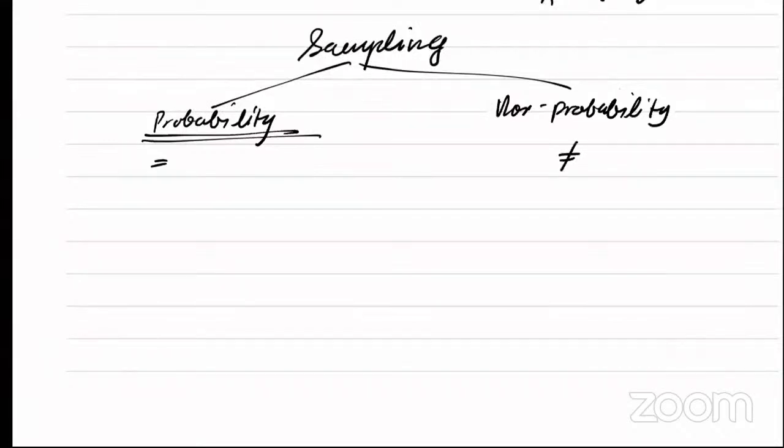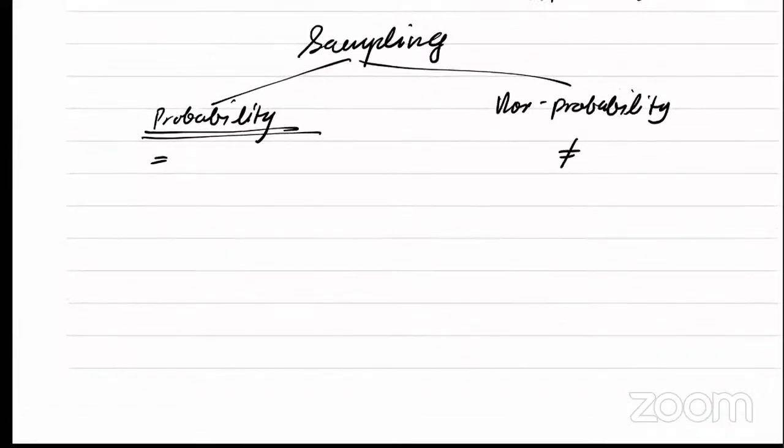May advantage yung ibang tao, either by proximity, yung lapit nila sa research, or by simply purpose. Okay? So, yun po yung difference ng dalawa. Probability sampling is equal chance for everyone. Non-probability, may advantages yung iba.